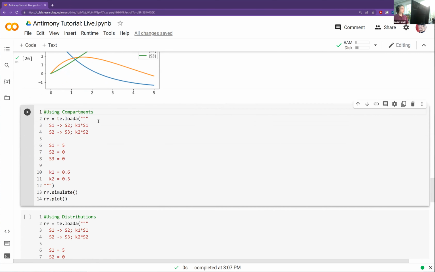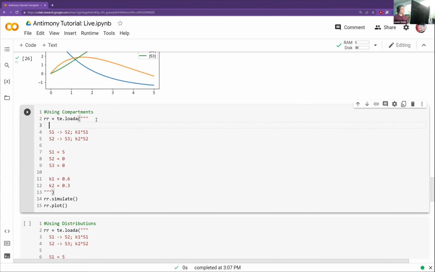All right, compartments. So far, I haven't talked about compartments. That means that by default, Antimony will put all of its species into what it calls a default compartment. So if you want to define multiple compartments, the fastest way is to say S1 in C1, S2 in C1, and S3 in C2, say.